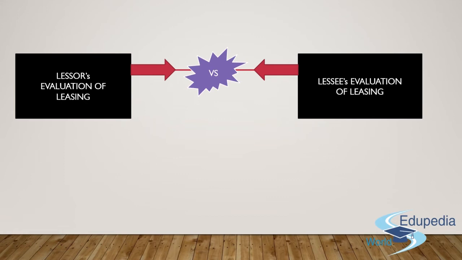Having said that, I won't be able to show the asset in my assets column. Basically, it will be an off the balance sheet asset. Why? Because I cannot charge depreciation on that asset. Since it's an operating lease, the owner of the asset is still the lessor. So I can only charge the lease rentals which I'm paying in my P&L account, and the same are tax deductible.